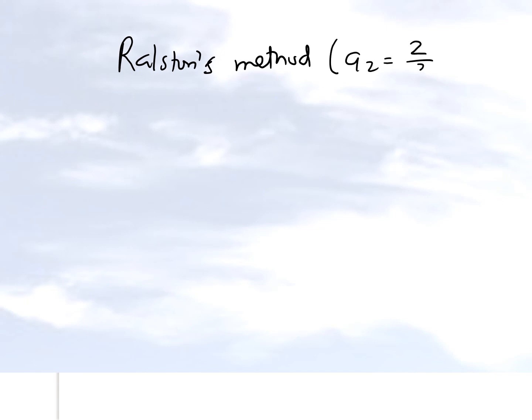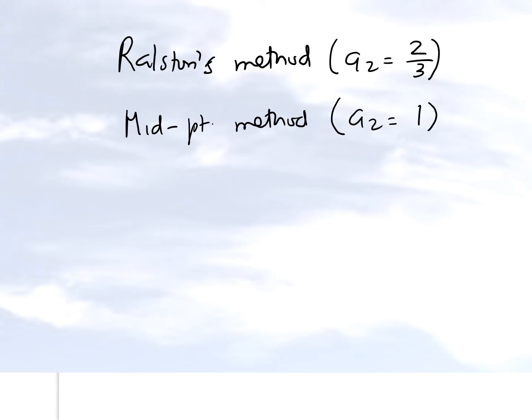The other two methods which are very popular, one is called Ralston's method, and you can do it yourself or you can look at the textbook. In that case, the value of A2 is chosen as 2/3. The other one is called the midpoint method. In the midpoint method, one chooses A2 equal to 1.